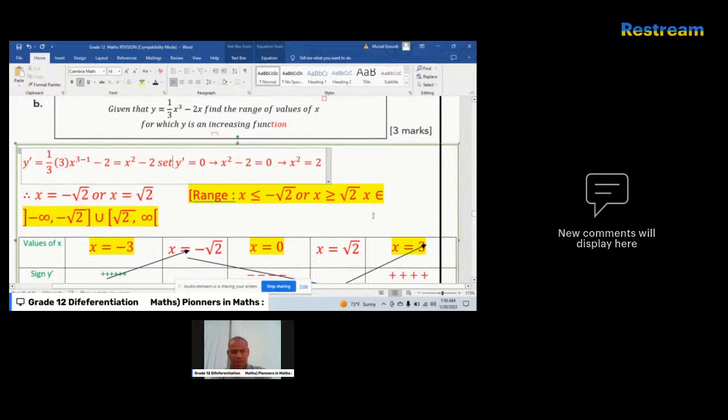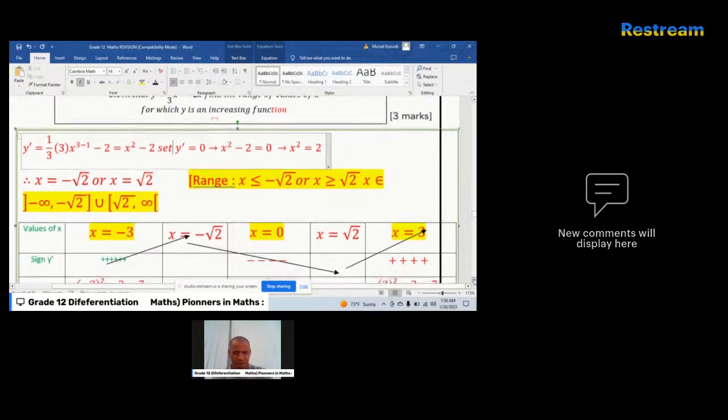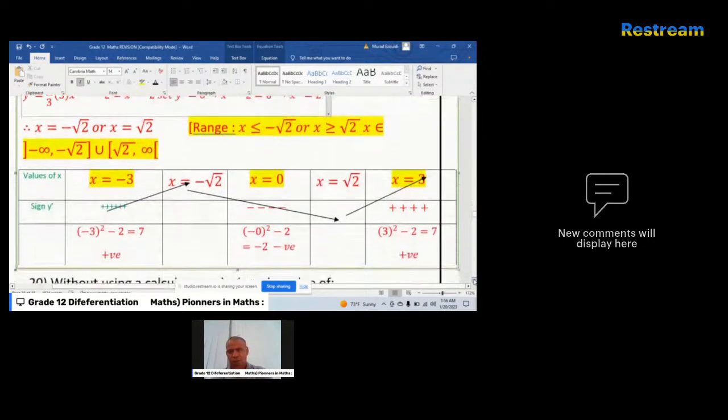Therefore, learners, to find the range after setting y dash equals 0, you should construct a table of values containing the roots of y dash. When y dash equals 0, we found two values: x equals negative root of 2 and x equals root of 2. Try to choose some numbers.